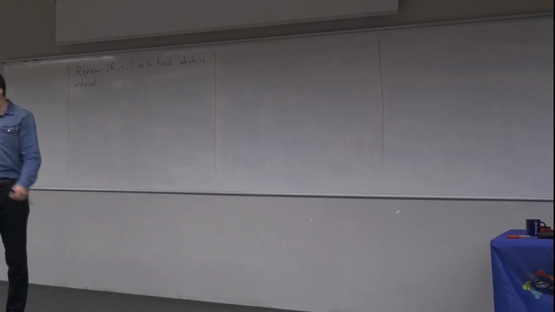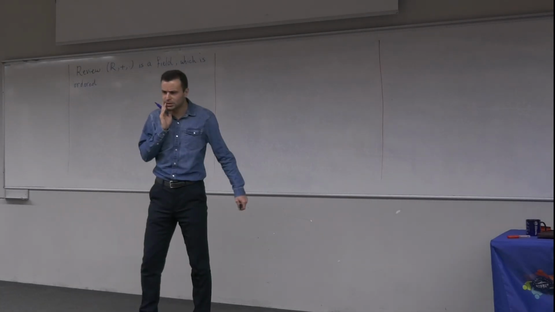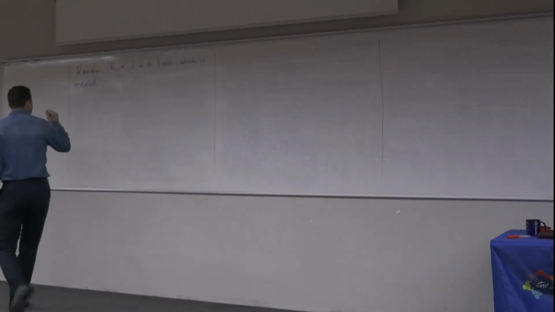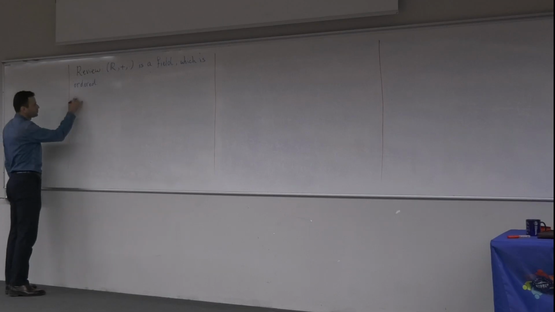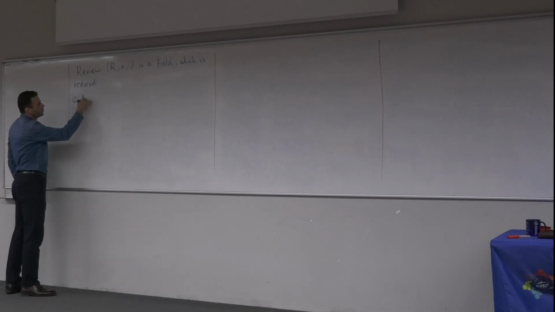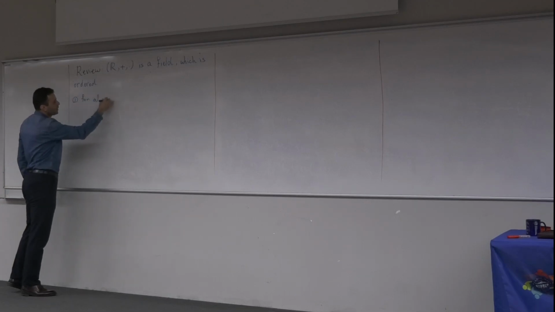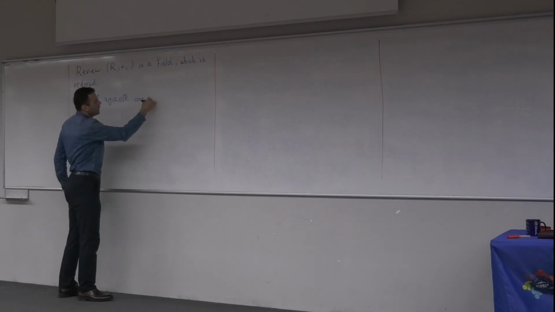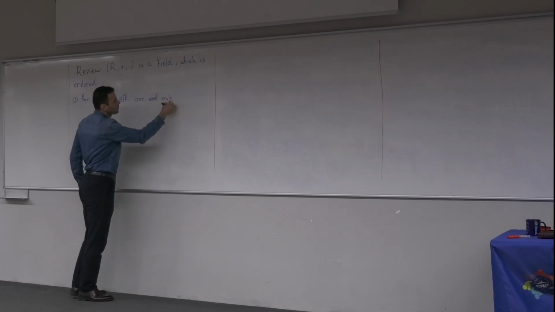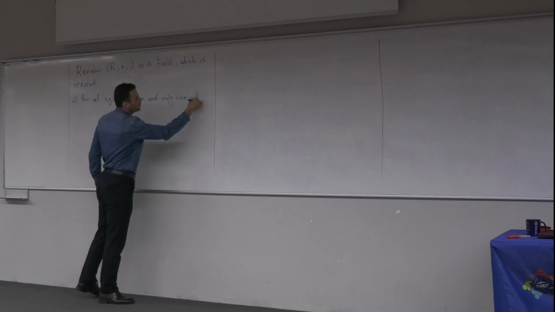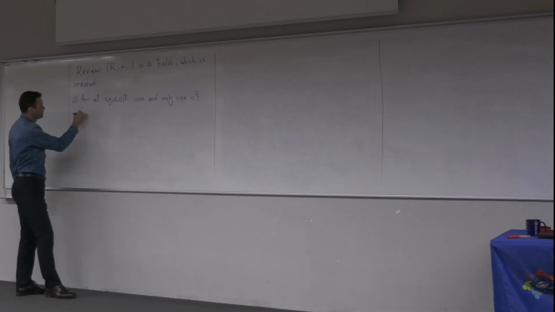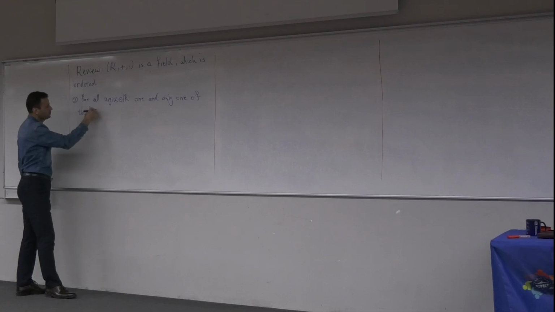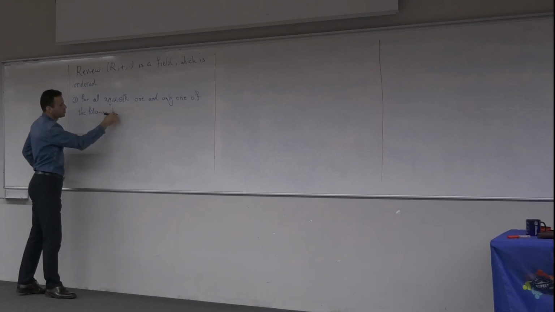And how can we define an ordered field? We need to have 4 properties, right? First of all, for all x, y, z in R, one and only one of the following holds.